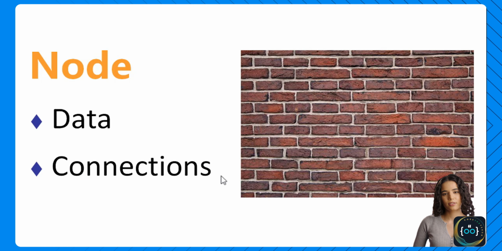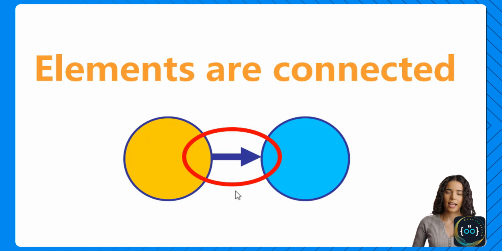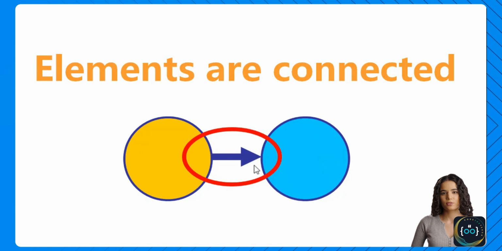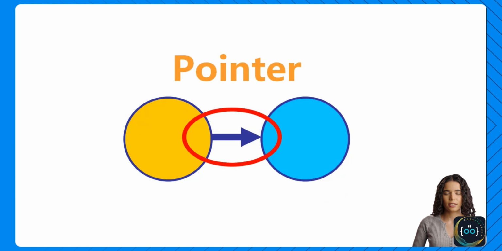This is essential for data structures because remember that their elements are connected. They are nodes and they have to be connected to other nodes so we can work with the data structure and perform the operations that we need to retrieve, read, update, remove and insert data. We call these connections pointers, formally. This is very important, this term, pointer.